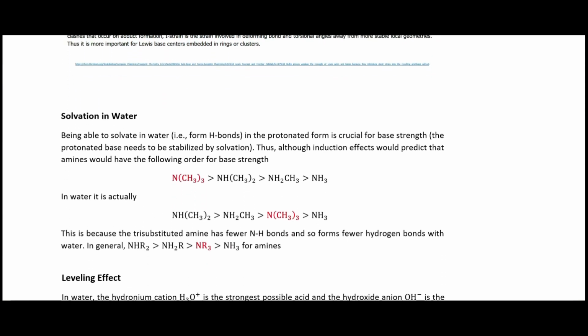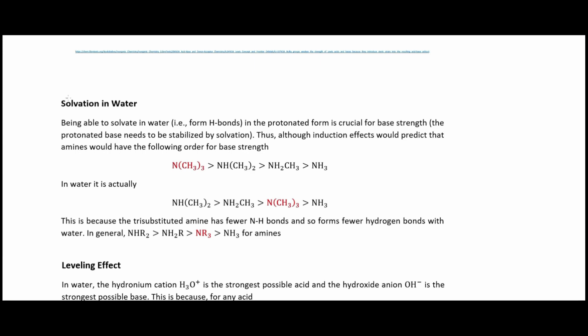weaker in that instance. All right, so we also have the solvation of water, and this is how well something can really be dissolved in water. If we just think of induction effects again, we have our nitrogen here with these three alkyl groups, and we would expect that to be the strongest base and then going down the line here.